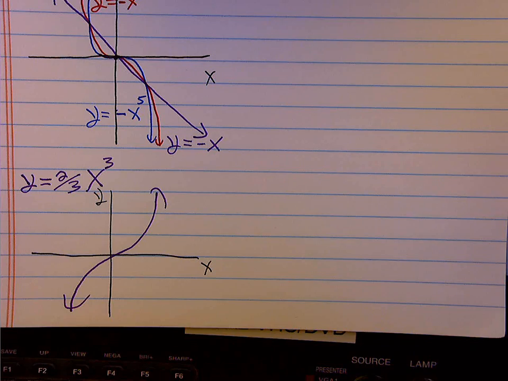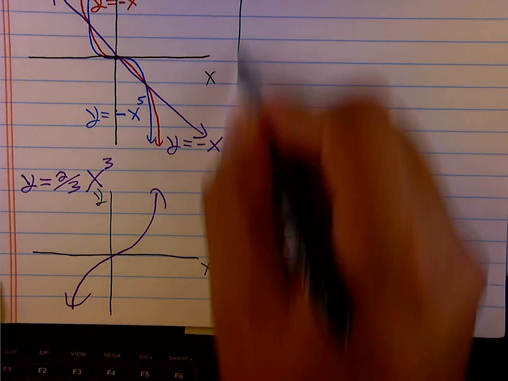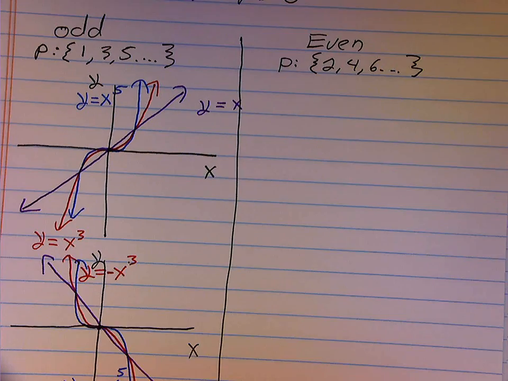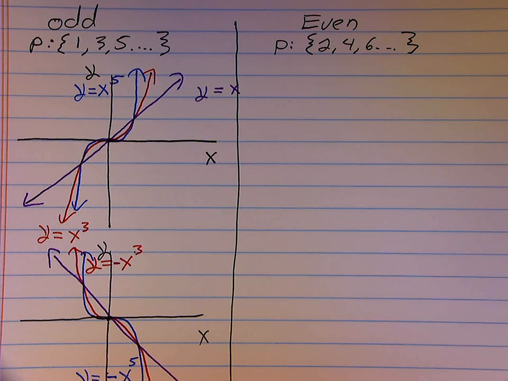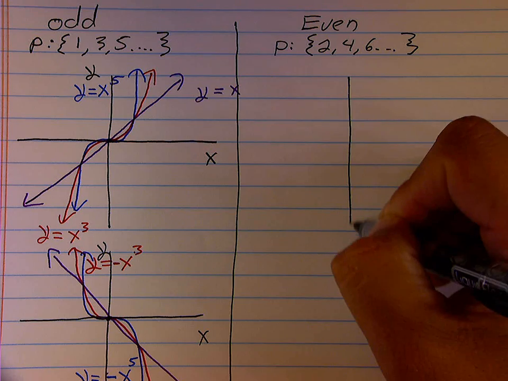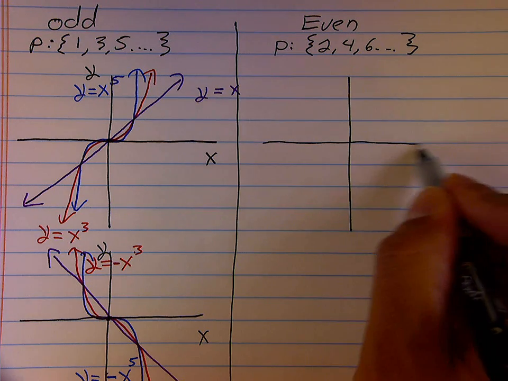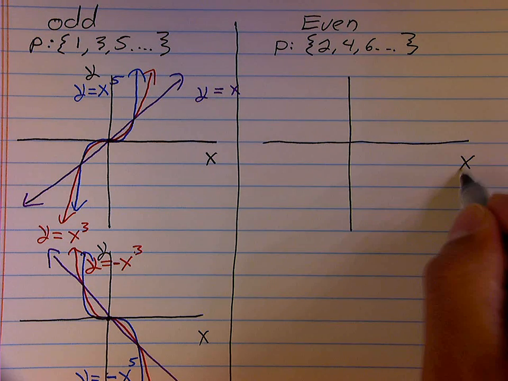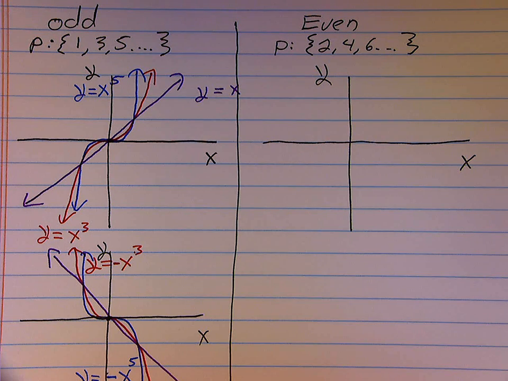Now, we're going to talk about even ones. Just like odd, even ones have their own special properties. The most basic even one, and realize we're starting off with a 1 in front.